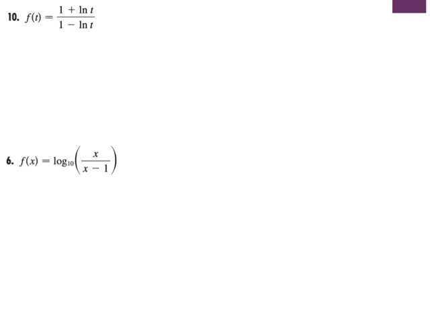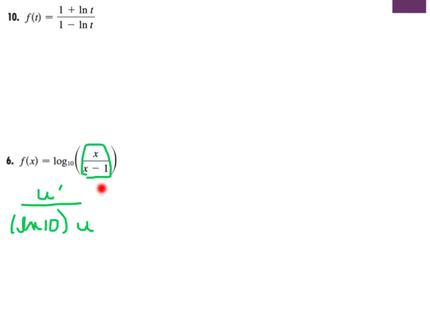We want to at least consider the fact that the derivative of log base a of u is u prime over the natural log of a, in this case 10, times u, right? Where this is your u. Now think about if you do the problem using this formula right off the bat.